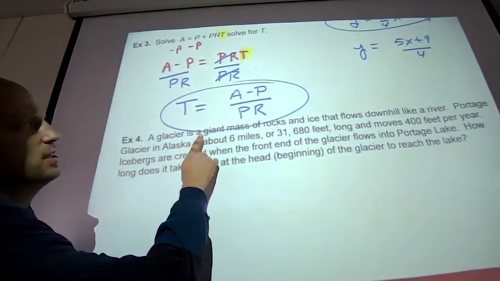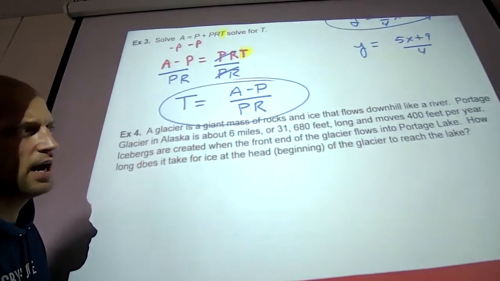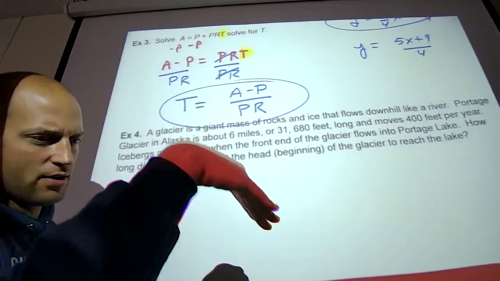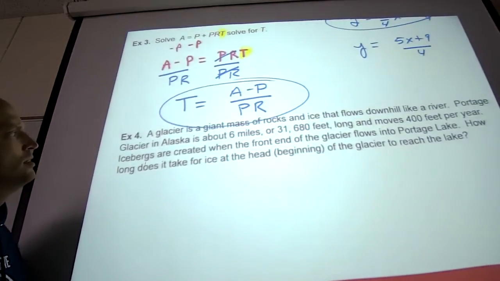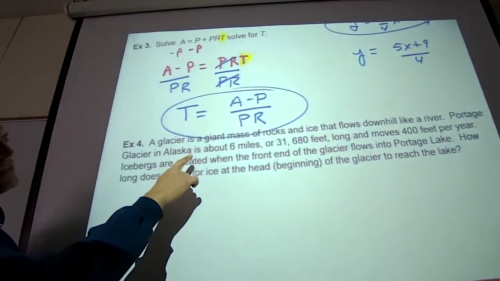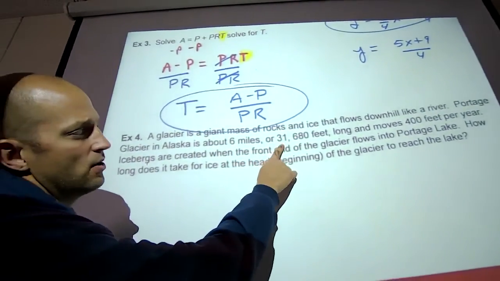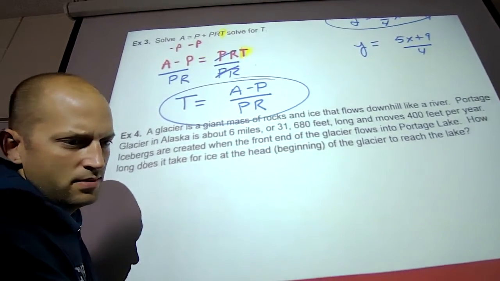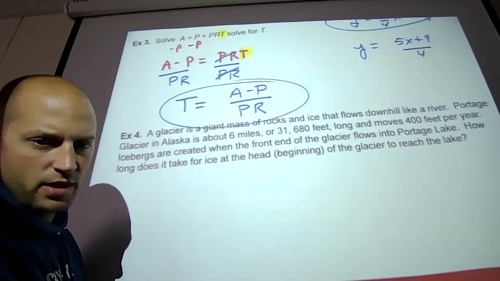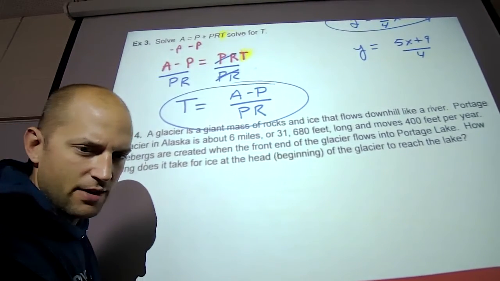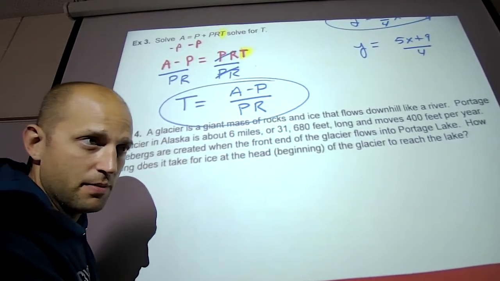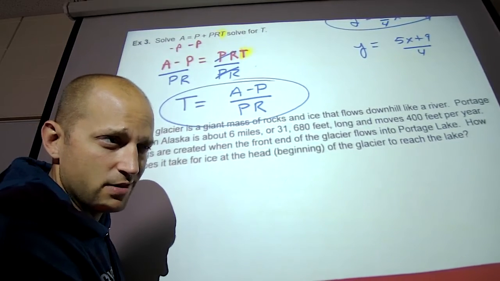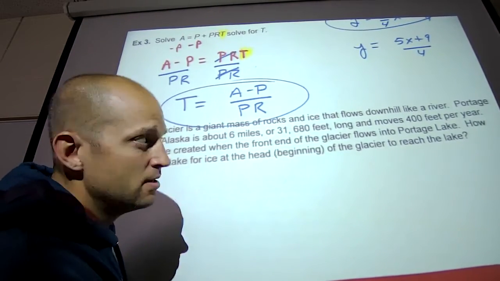It says here, a glacier is a giant mass of rocks and ice that flows downhill like a river. Portage Glacier in Alaska is about 6 miles, which is about 31,680 feet. So they converted that for you. How nice is that? You don't have to know how many feet are in a mile, which is 5,280 if you ask Siri.